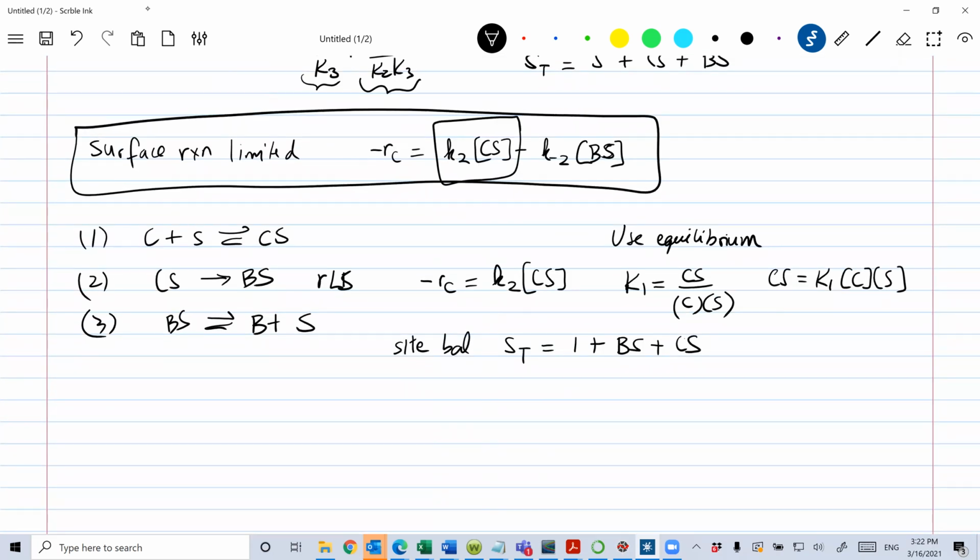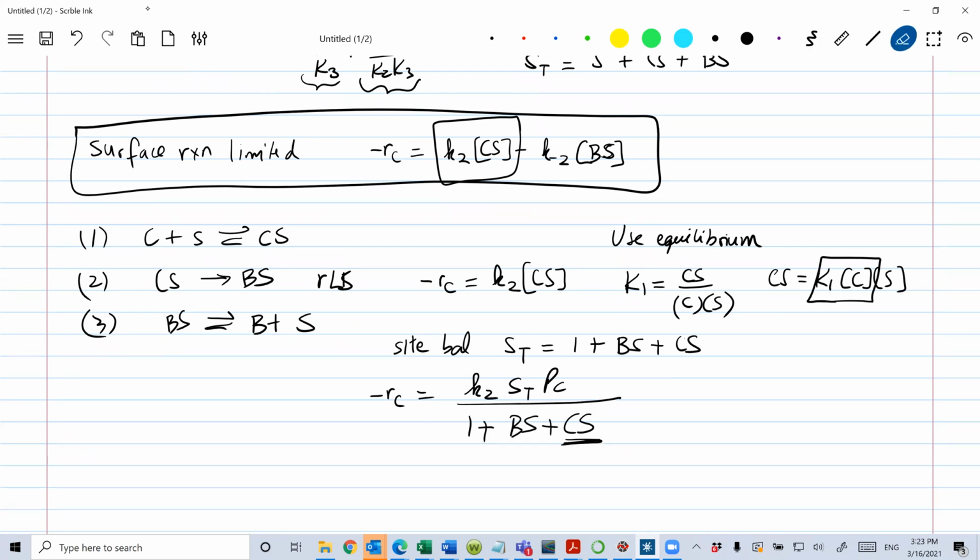So now what you will find is minus RC is going to be K2 S total, times what CS is, which is the partial pressure of C, over 1 plus BS plus CS. And this basically shows you that the partial pressure of C, PC, inhibits the reaction pretty much. That's sort of the idea.